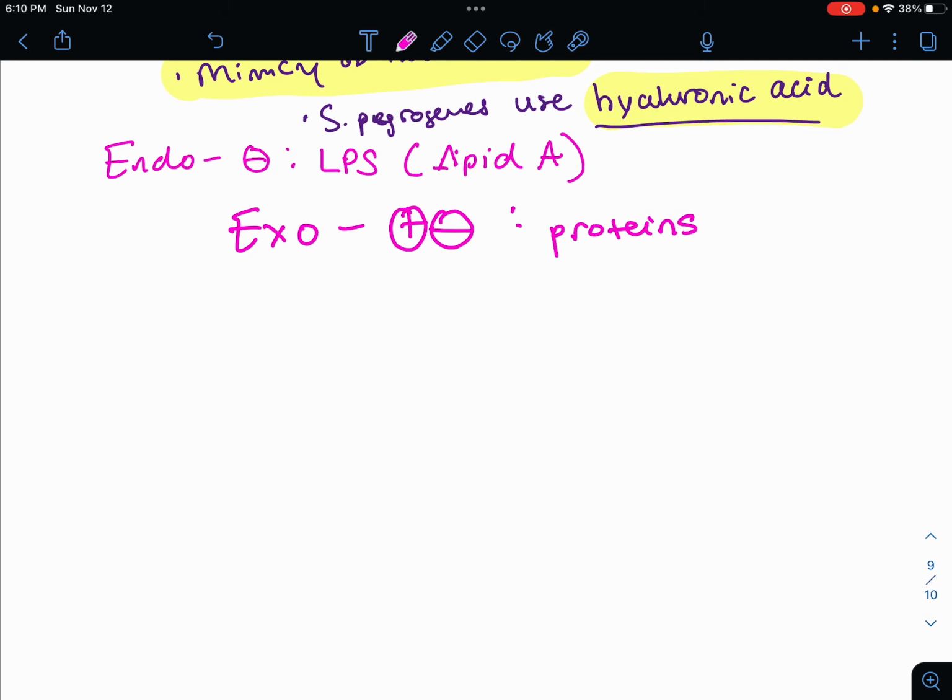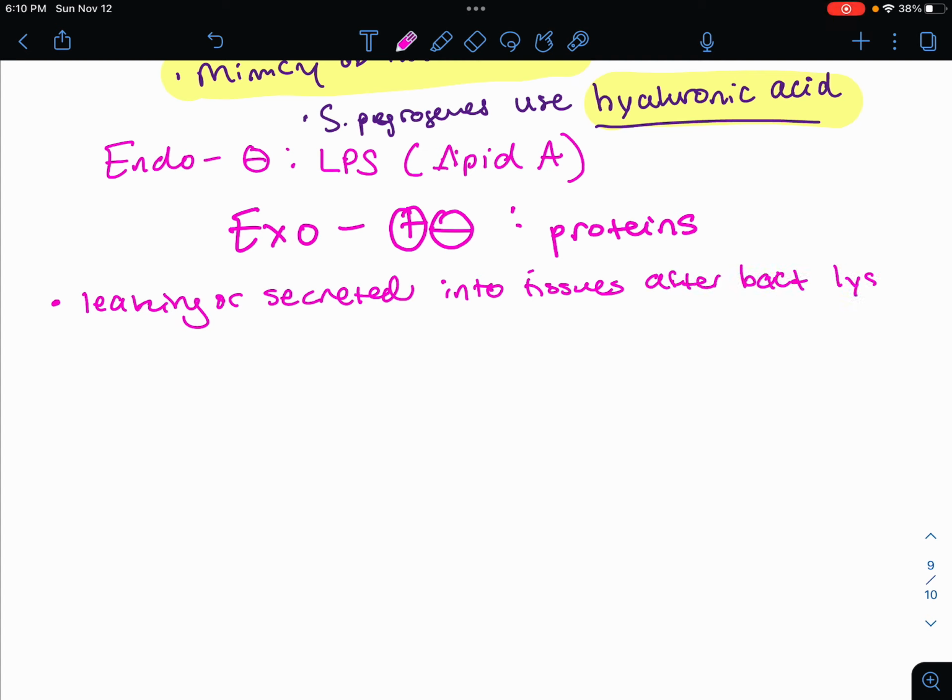Okay, secreted. So these exotoxins are leaking or secreted into tissue after the bacteria are lysed. Foodborne intoxication or foodborne illness. Most are denatured by heating. They could be local or systemic.